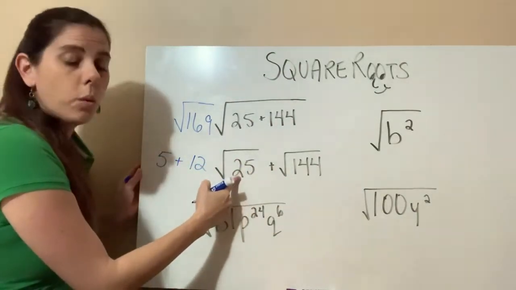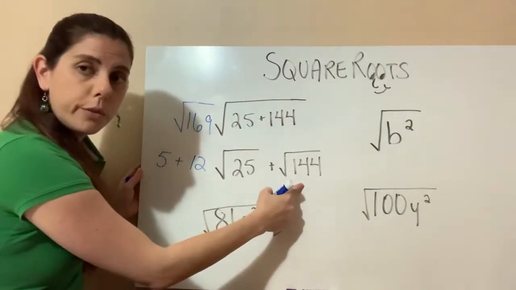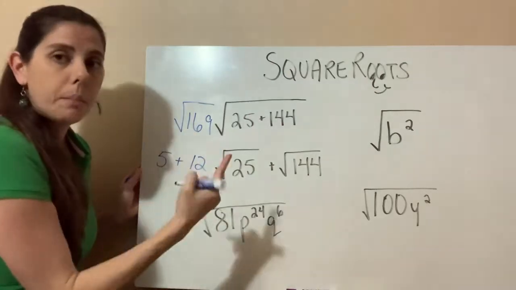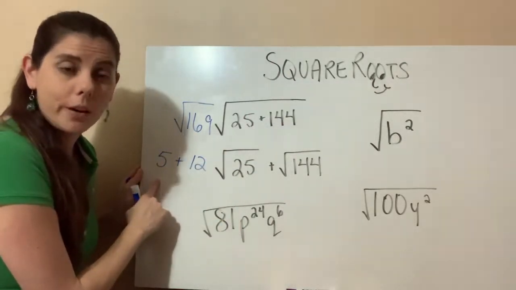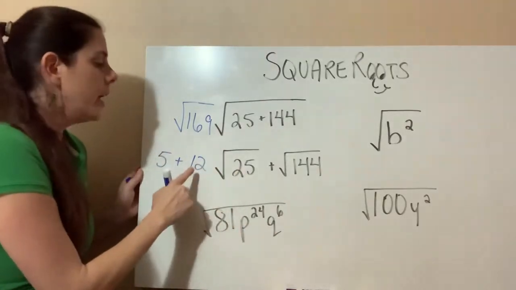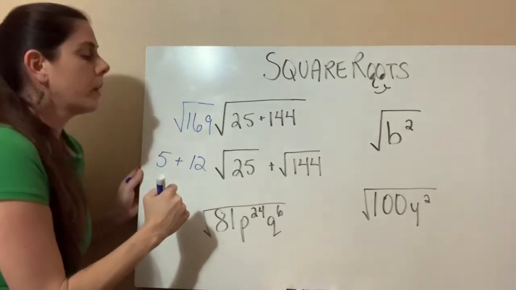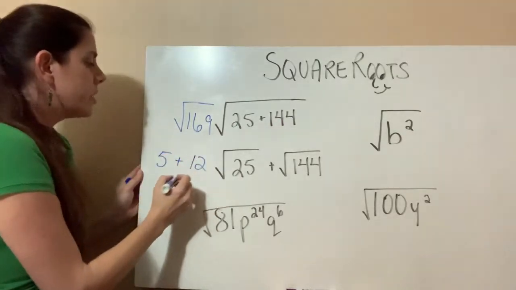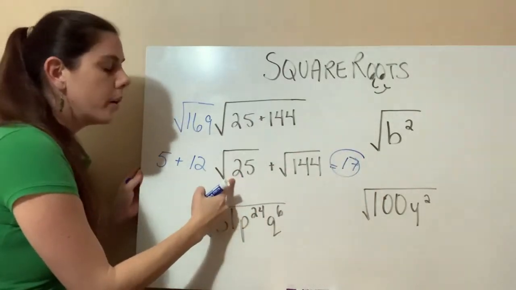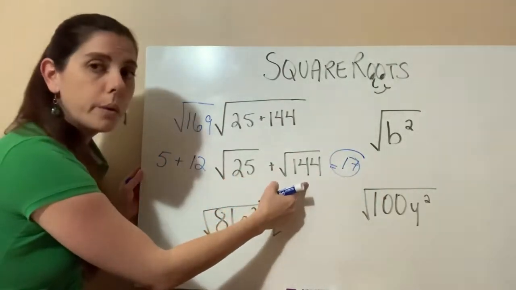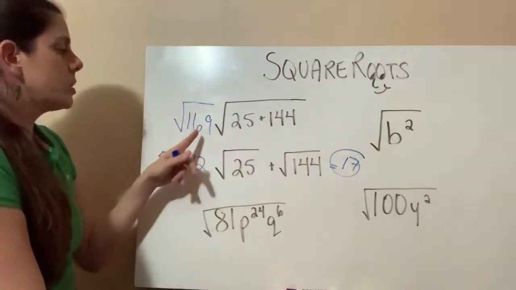The square root of 25 is 5, and the square root of 144 is 12, because 5 times 5 equals 25, and 12 times 12 equals 144. So 5 plus 12 equals 17. If you take the square root of 25 and add it to the square root of 144, your answer would be 17.